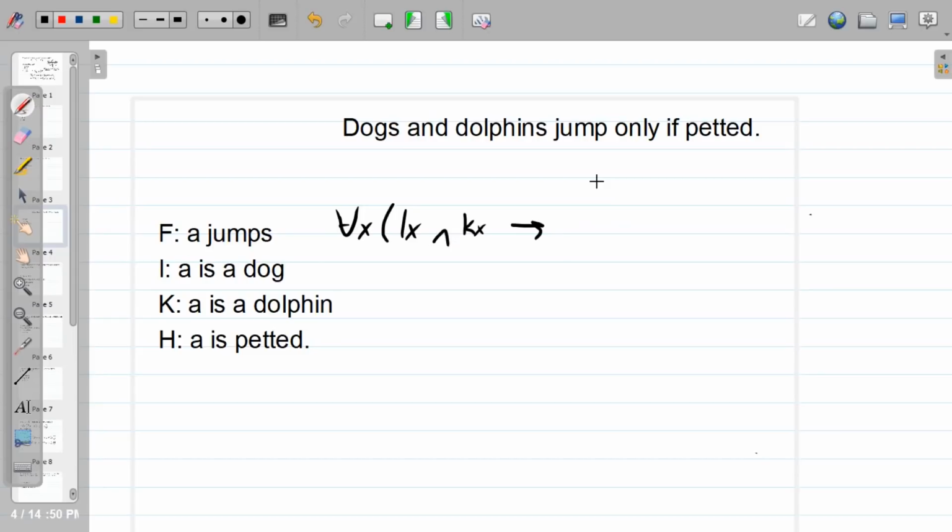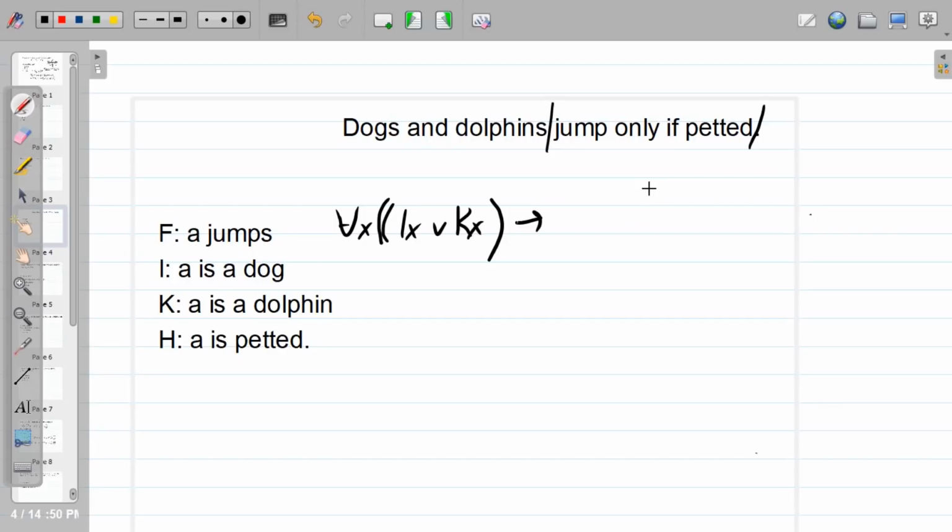I think that would be a very cute animal, but it does not exist. That's not what the sentence is talking about. We want to say IX or KX. Okay, so if something is a dog or a dolphin, then something something. Jump only if petted. Okay.